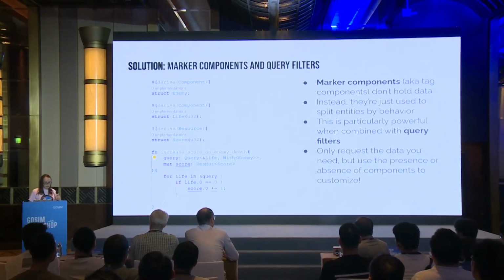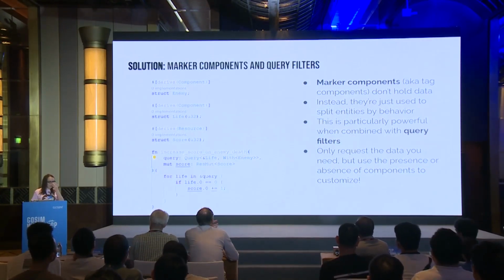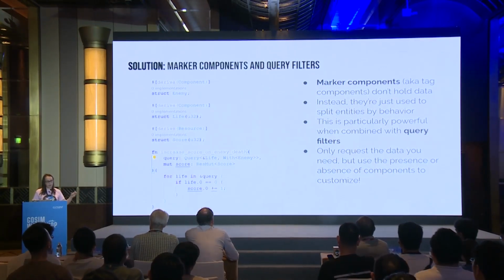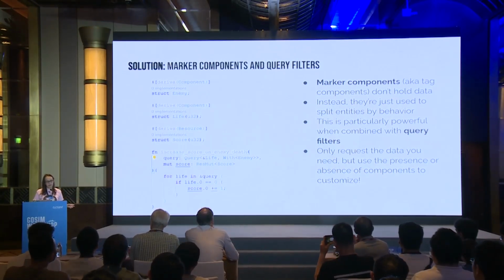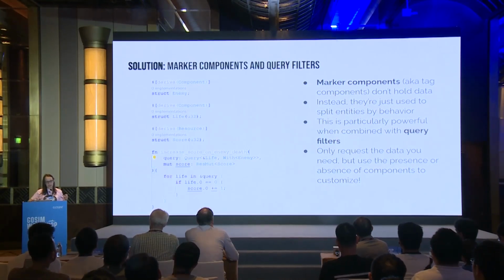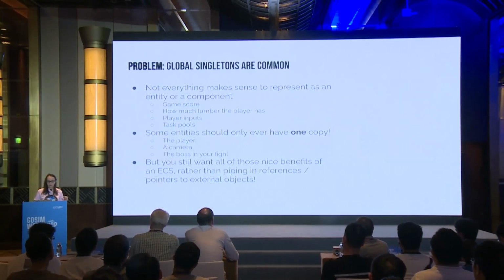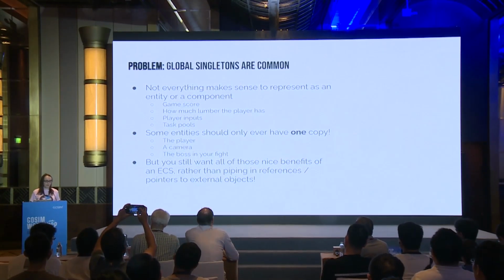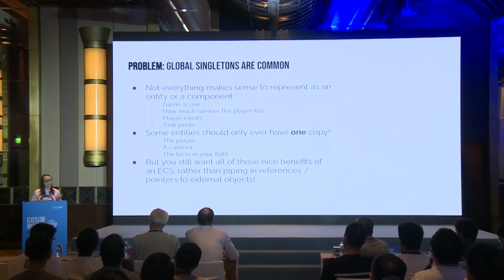So you get really fine-grained, powerful control there, where the data that you need is separate from the matching set. One of the other problems that comes up a lot when you're working with pure ECS is, where do I put the things that don't really seem to make sense as entities?